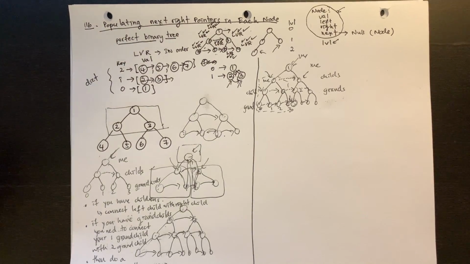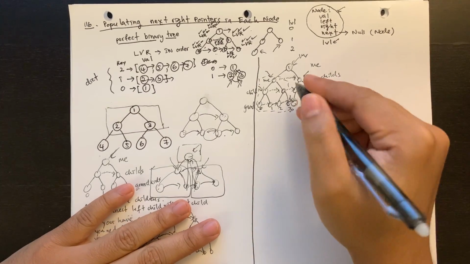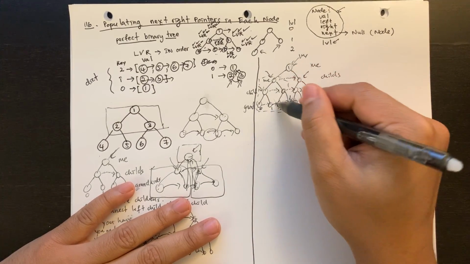So since this is a perfect binary tree, you can represent them as a... Yeah, let's just focus on this part right here.